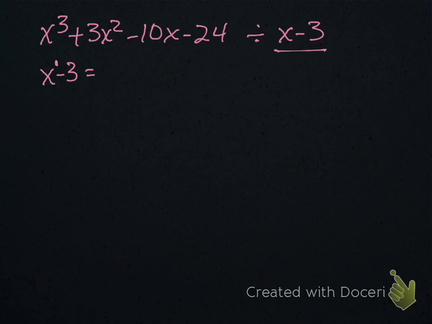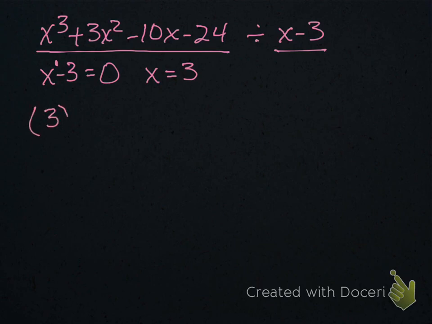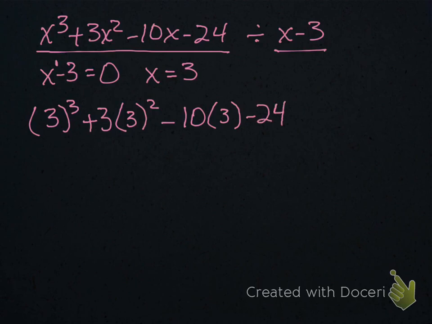That means if this has a power of 1, which it does. So set that equal to 0, so x equals 3. Okay. Plug 3 in for my x's in my equation up here. So 3 cubed plus 3 times 3 squared minus 10 times 3 minus 24.